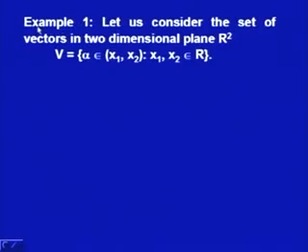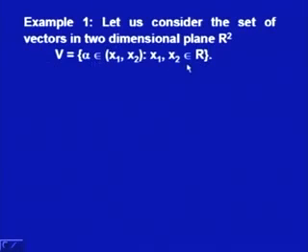Now let me explain this with the help of an example. So let us consider the set of vectors in the two-dimensional plane R2. So V is a set of vectors where alpha is a vector in R2. So it has to be an ordered pair x1 comma x2, where x1 and x2 are real numbers.